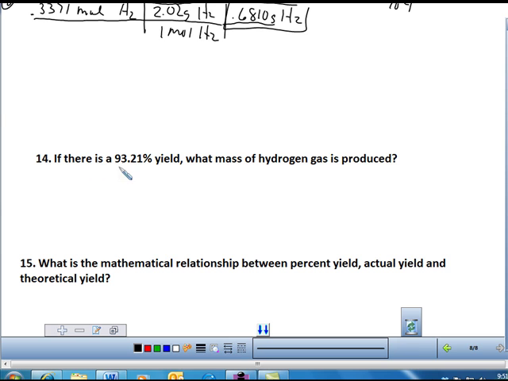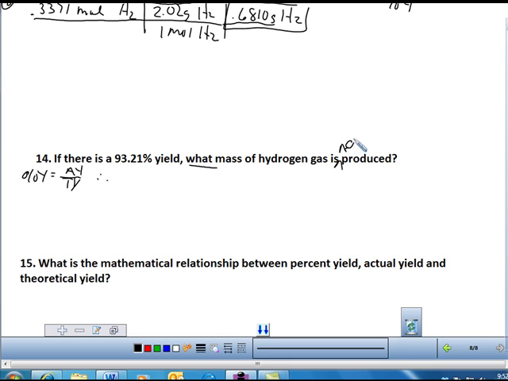Here we say, okay, so we got a percent yield of 93.21. What mass of hydrogen gas is produced? Well, we know that percent yield equals actual yield over theoretical. So what do we ask for here?